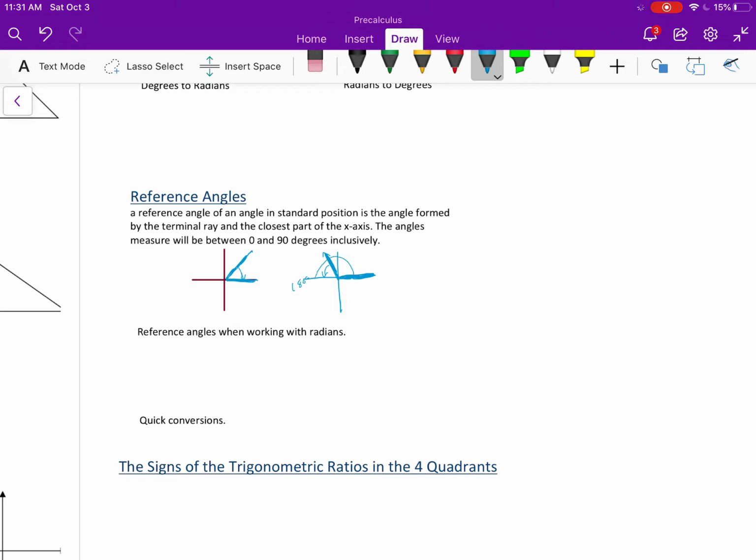We would want to subtract our actual angle to get our reference angle, which I'll mark here in green. So our reference angle in this case would be the green one. And in the second quadrant, it's going to be 180 minus the angle. And that will give us our reference angle when dealing with degrees.